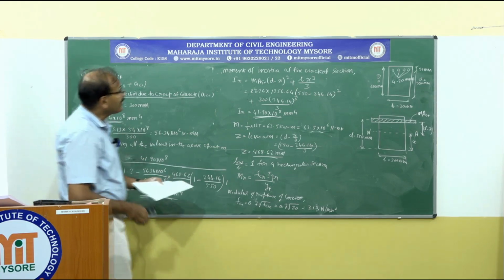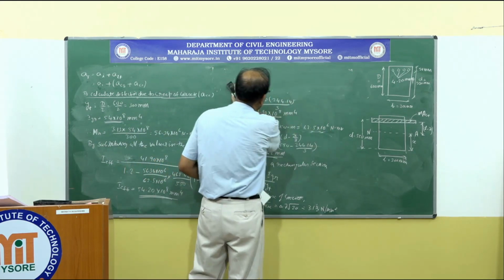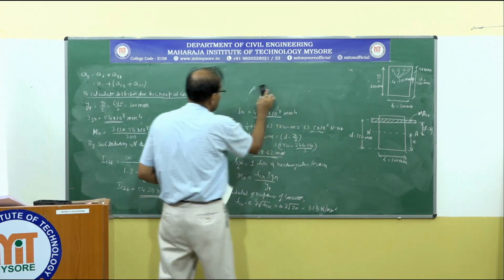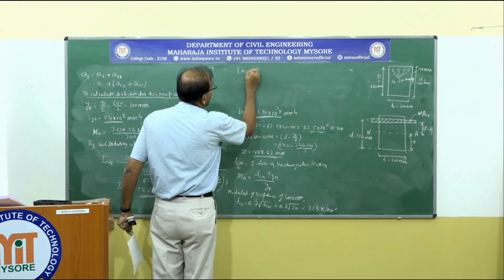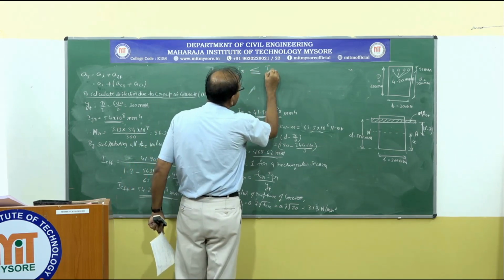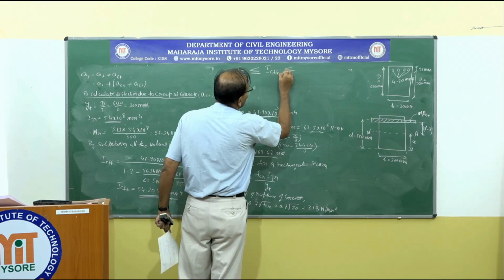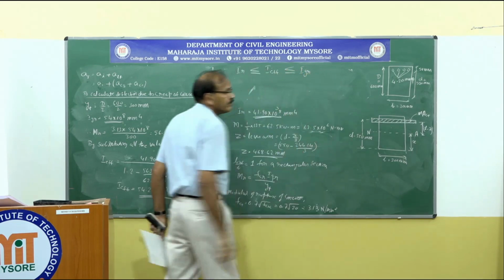But what is the condition? It says Ir should be less than or equal to I effective, and that should be less than or equal to I gross.